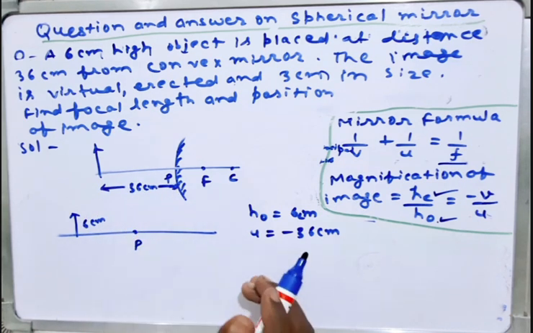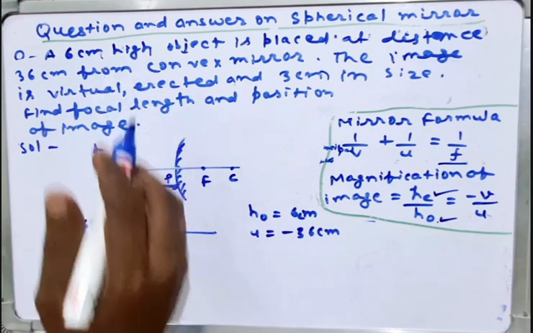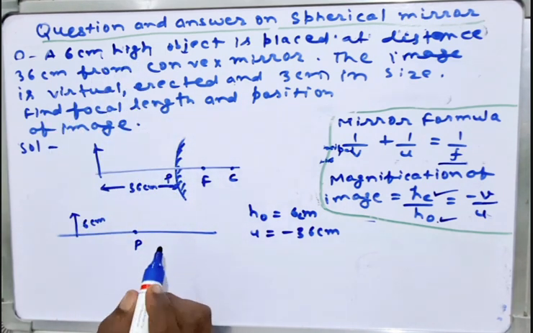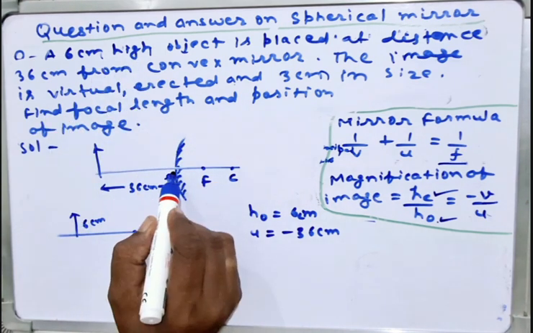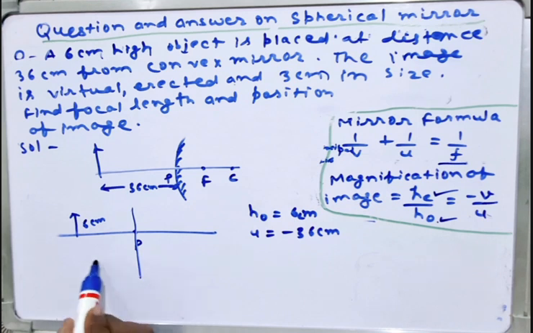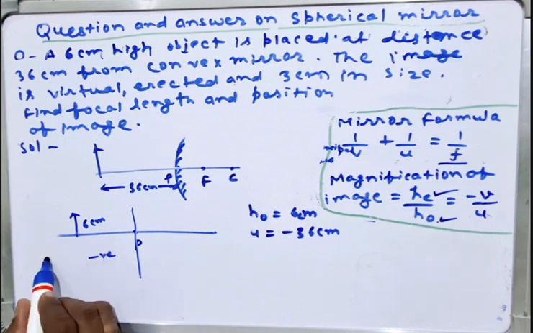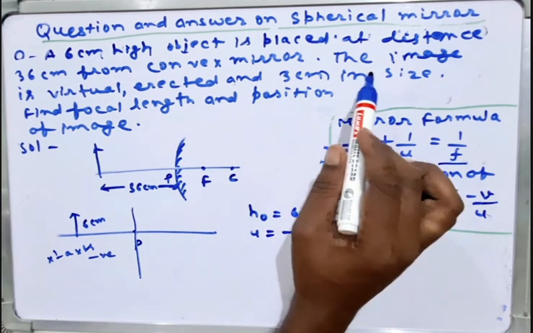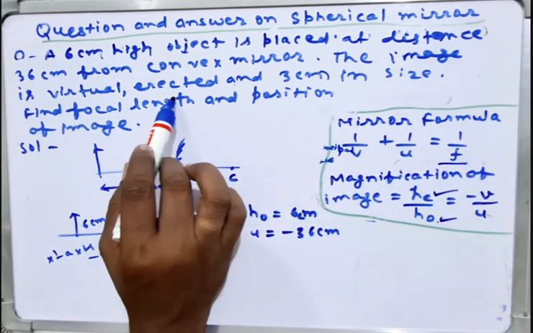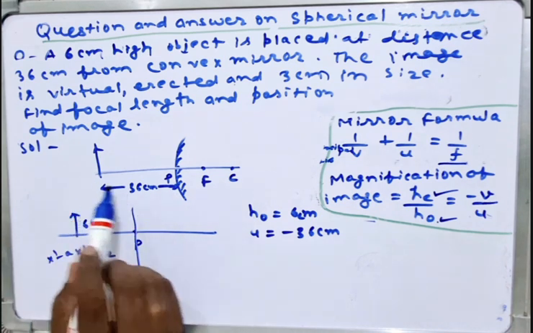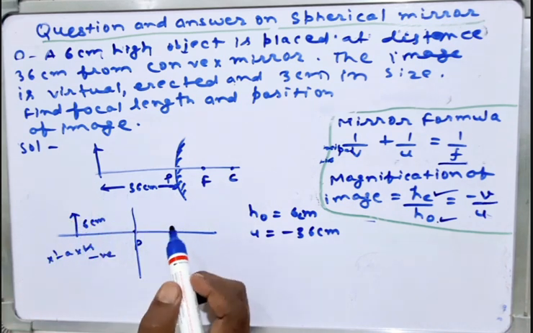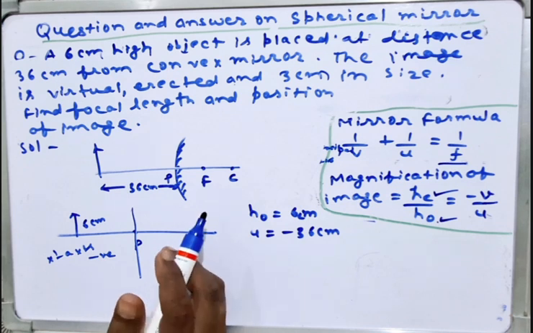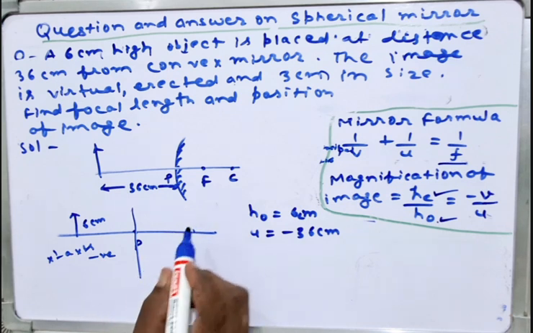Why have we put the negative sign? Because we are using the coordinate geometry system where this one will be the pole, so this is the negative x axis, the x dash axis. Now the third information: the image is virtual and erect.